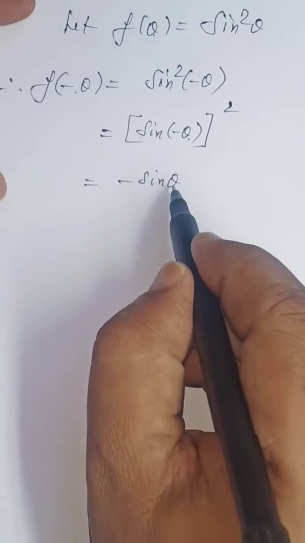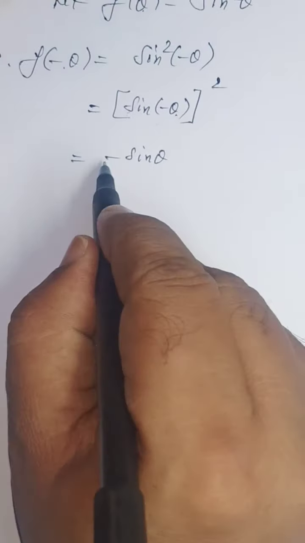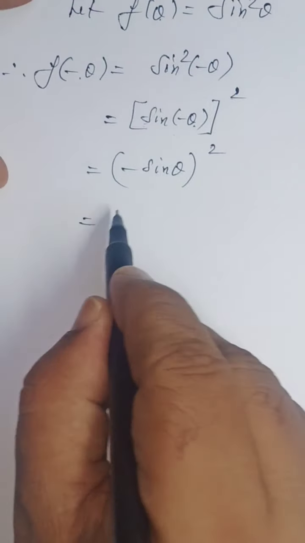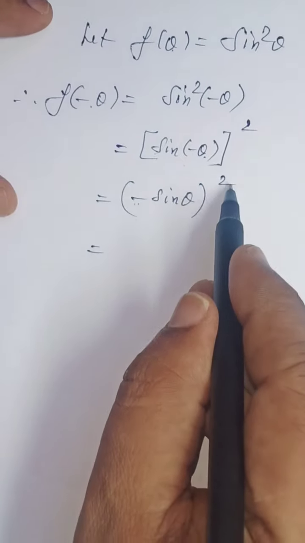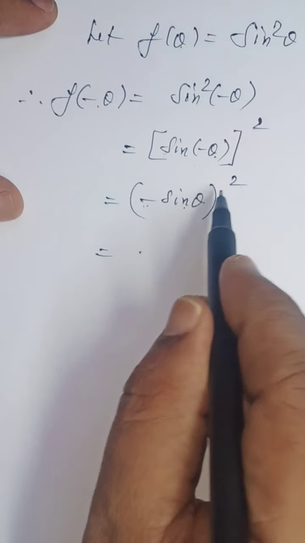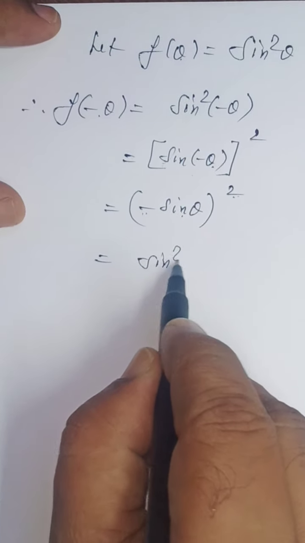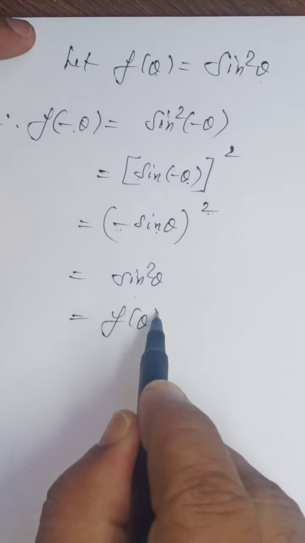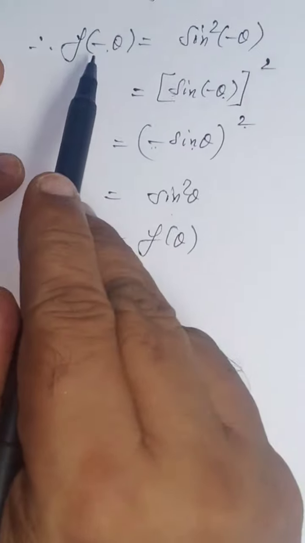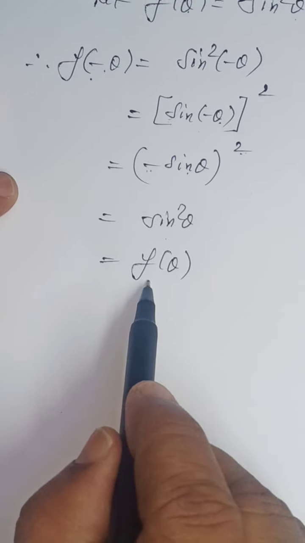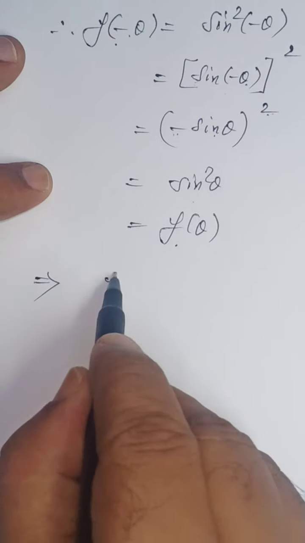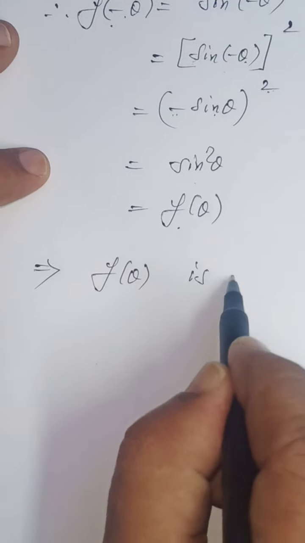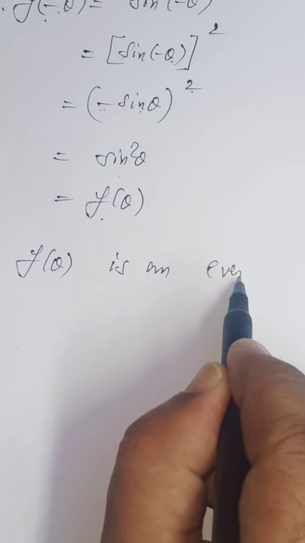I have given that in the note. Sine of minus theta and minus sine theta are the same. Whole square. So, while squaring, the minus becomes plus. Sine theta the whole square is sine squared theta. What is sine squared theta? f of theta. So, finally what we have proved? f of minus theta equals plus f of theta, which implies f of theta is an even function.